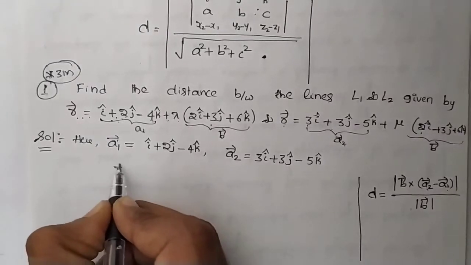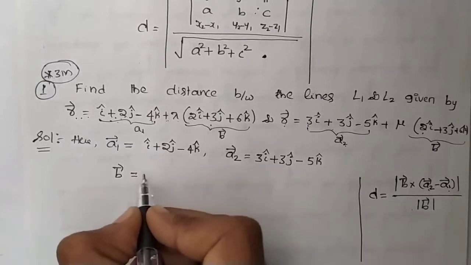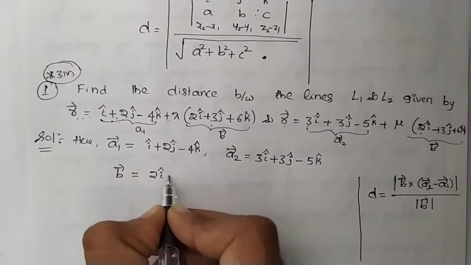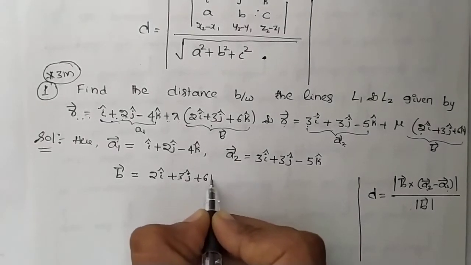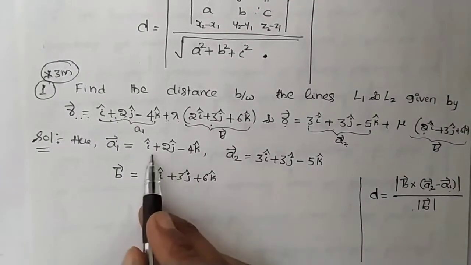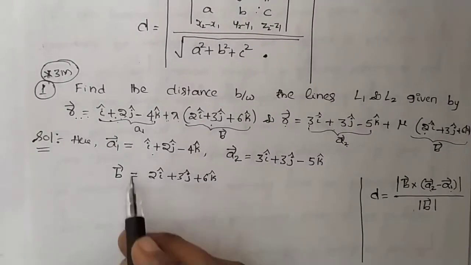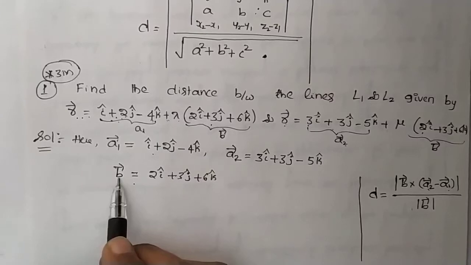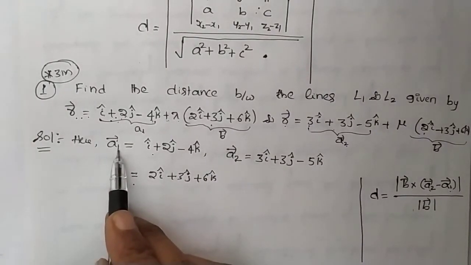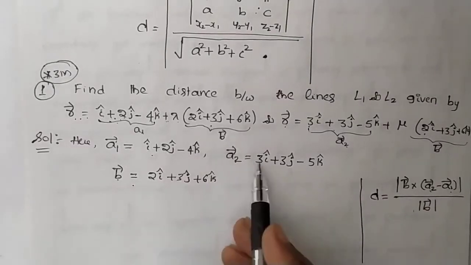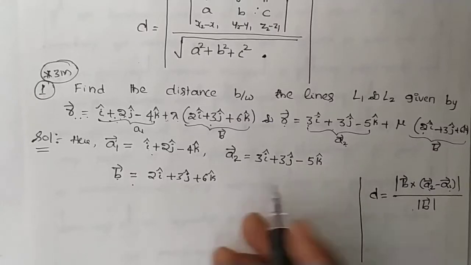That is the parallel vector. b vector equals 2i cap plus 3j cap plus 6k cap, right? The first line is passing through the point (1, 2, minus 4), and the second line is passing through the point (3, 3, minus 5). Like that we have to define.